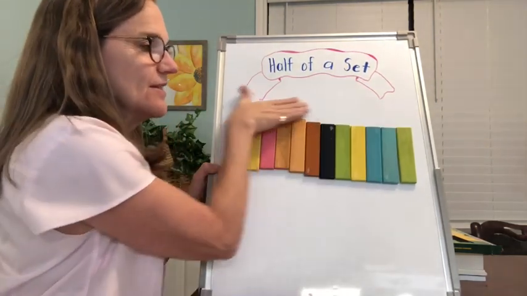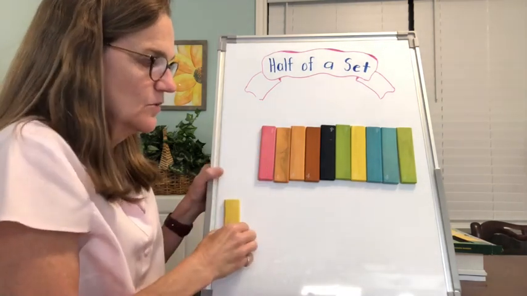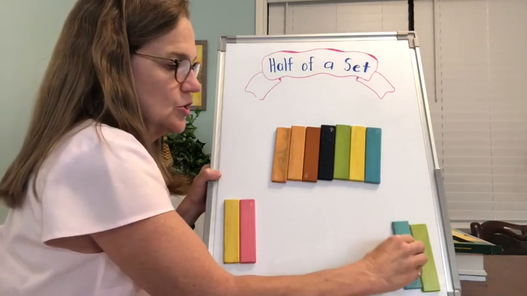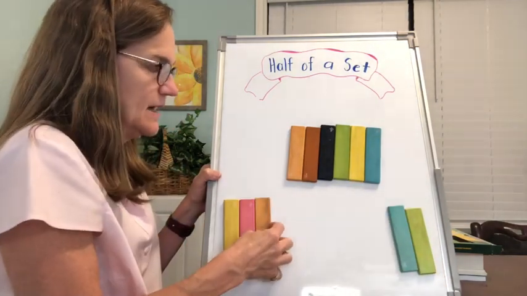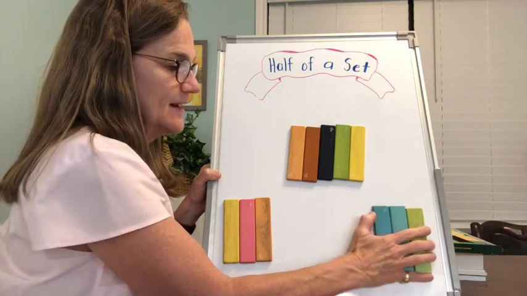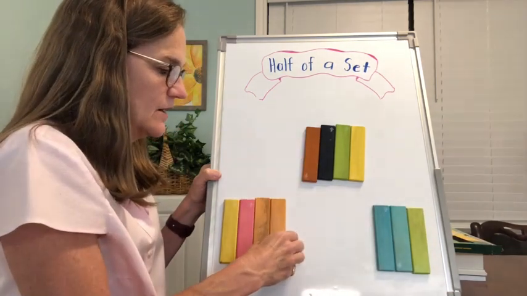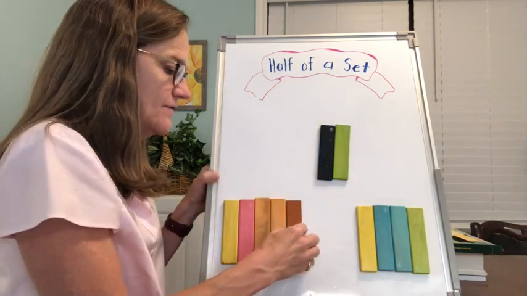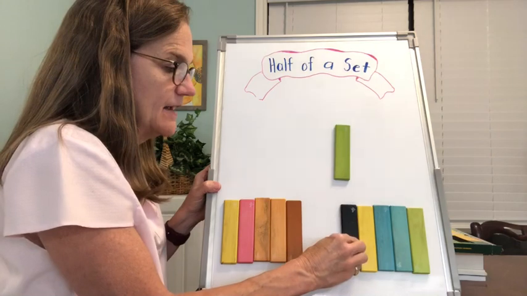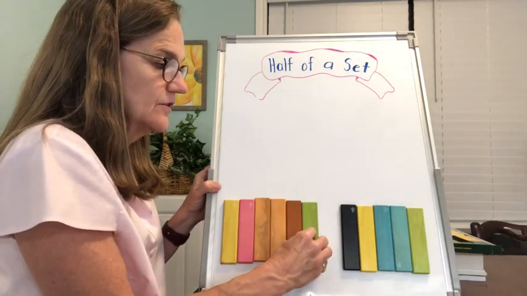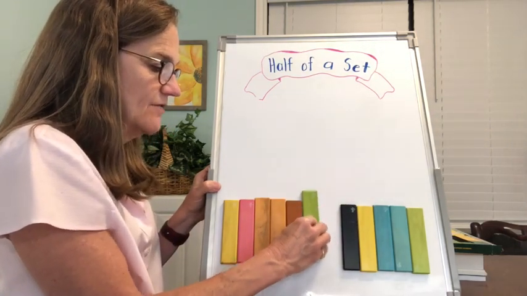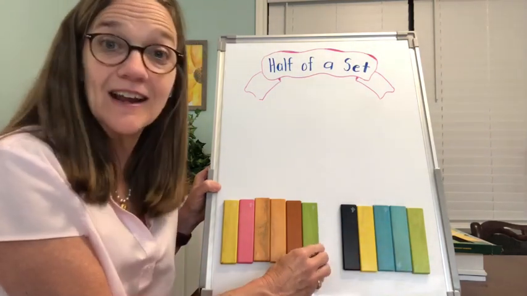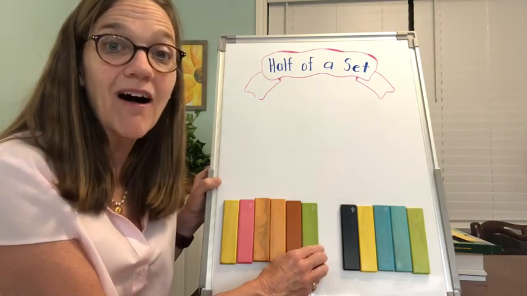I don't think so. 1, 1, 2, 2, 3, 3, 4, 4, 5, 5, 6. No, because we can't have 1, 2, 3, 4, 5, 6, and 1, 2, 3, 4, 5. Those aren't equal sets or parts, are they?